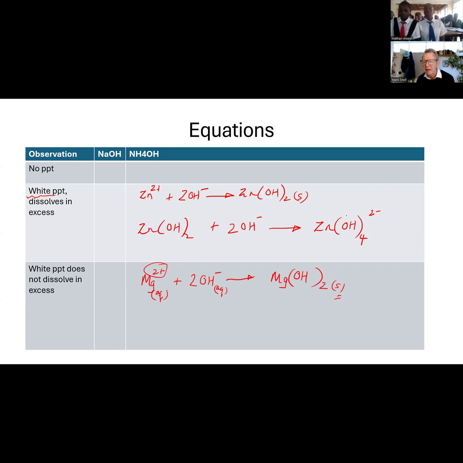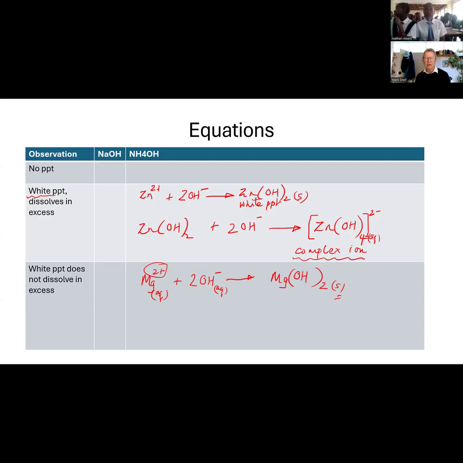Instead of leaving it there, we put this in square brackets, which means it is what we call a complex ion. In other words, the charge is written over the whole thing, shared over the whole thing. So that's the two equations you need to be able to write. The first one here is the white ppt, and this is the dissolving again. So this is going to be aq again.